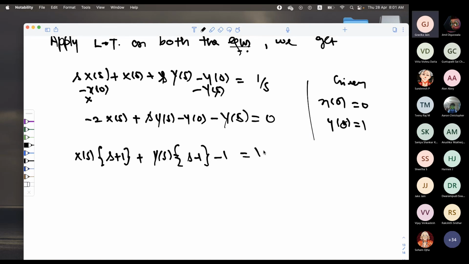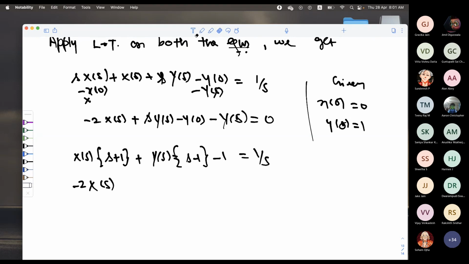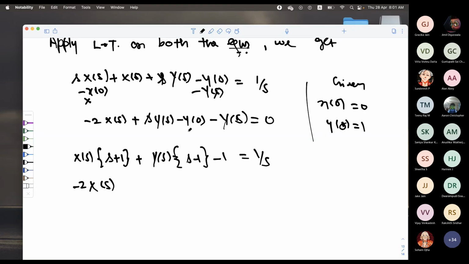Yes, sir, minus y(0) is there in the equation. This we are getting, right? And here X(s) means only minus 2. Then in this equation, Y(s) means s minus 1, so here also minus 1 equals 0. Is it clear?